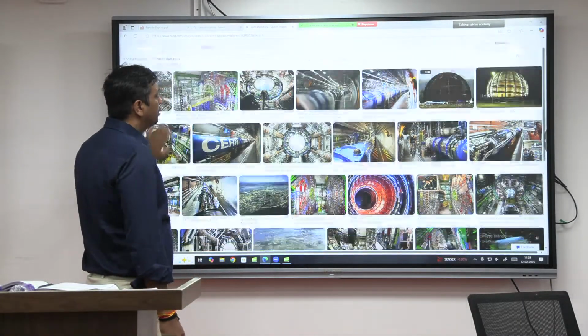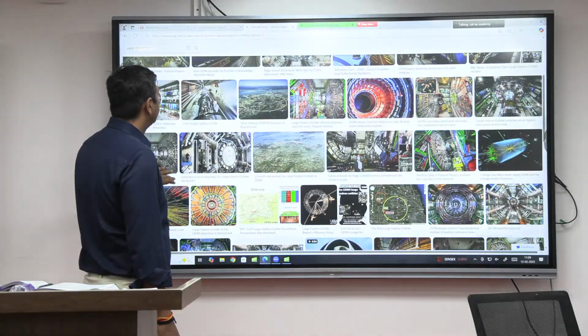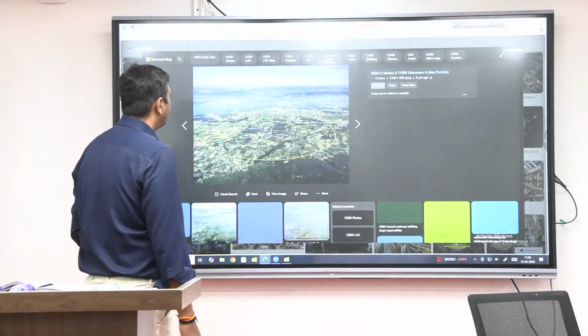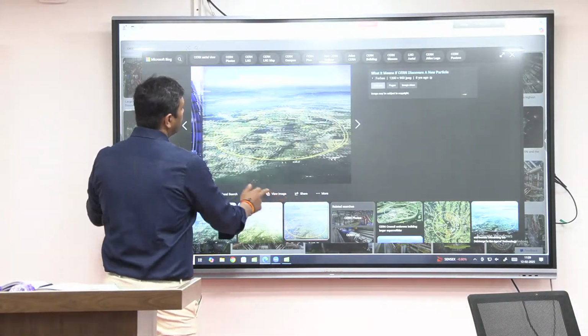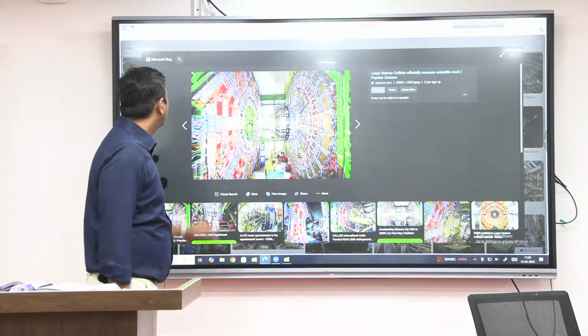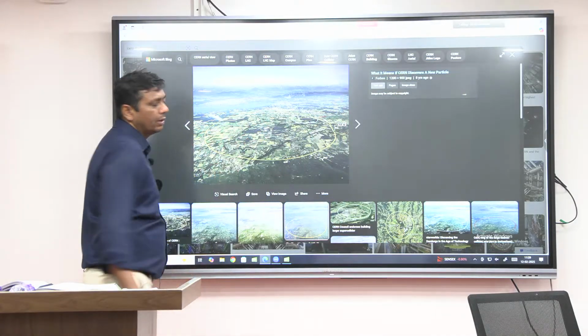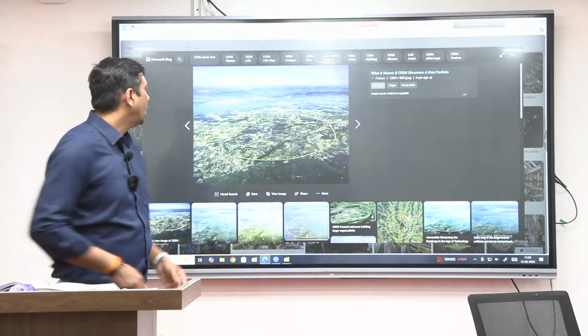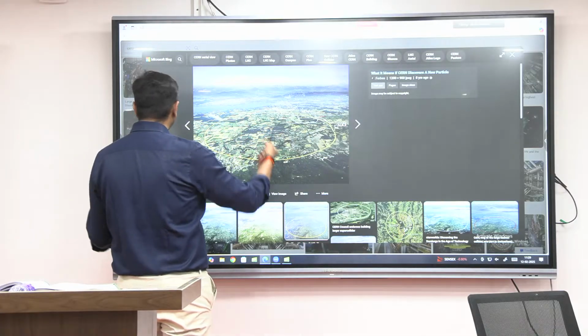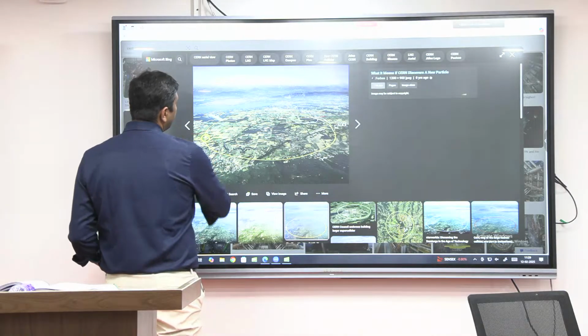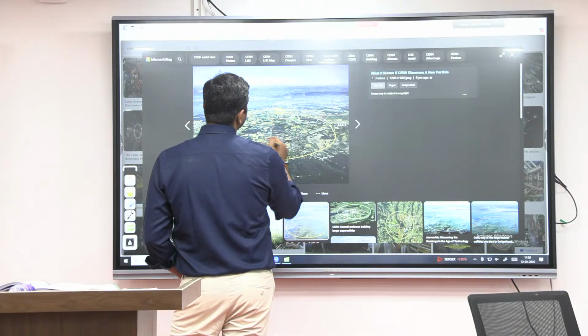It's a very complex structure. And you can see the structure here, in this actual picture. Here you can see CMS, it's very small. Upside is all rocks, mountains, houses, etc. And this is the CMS, the lab, sorry, the detector.